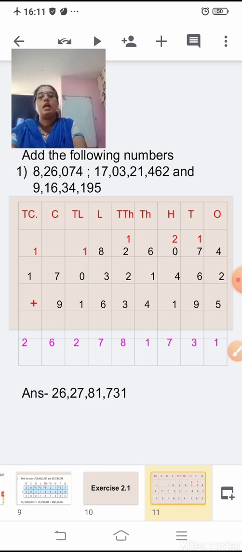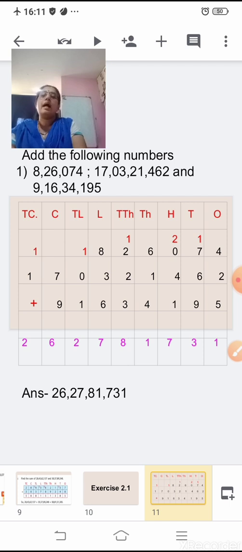Now after adding the numbers in the hundreds place, I get the number as 7. In the thousands place, when I add, I get the number as 11. So 1 is written, 1 carried over. In the 10,000s place, when I add, I get the number 8. In the lakhs column, when I add, I get the number as 17. So 7 I have written, 1 carried over to the 10 lakh place.